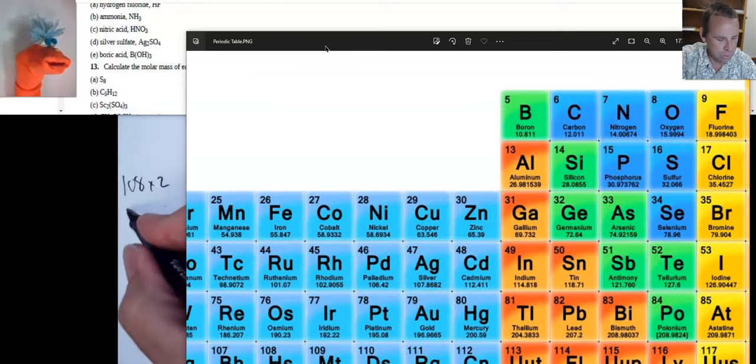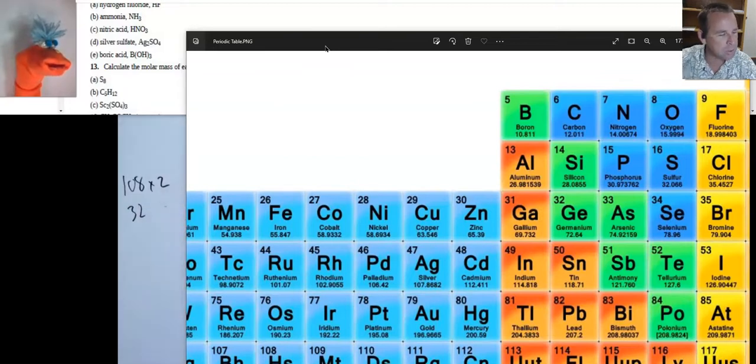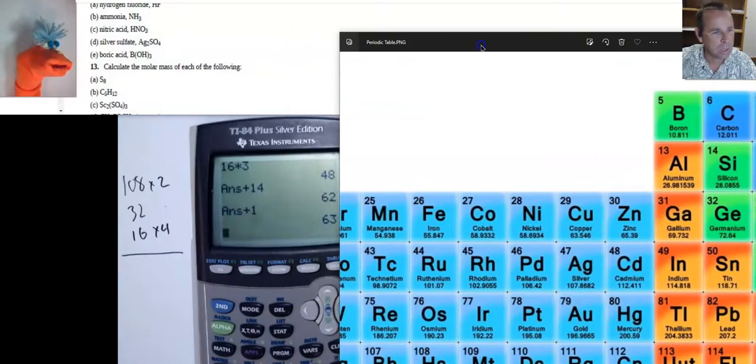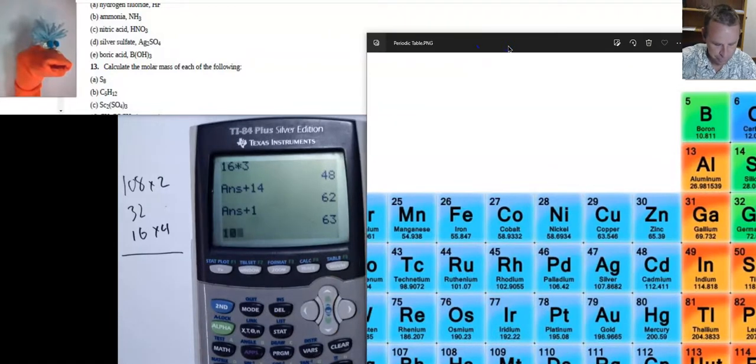All right, so we can do the 32. We'll get okay with just that many significant figures. Oxygen. 4 times 16. Very good. All right, so bring in our calculator. 312. Is that right?